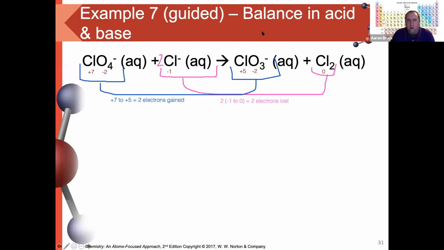So since this is the case, what I can also see now is that my electrons gained and my electrons lost are equal to each other. So I don't have to do anything more with coefficients here. The only thing I'm going to do is rewrite this equation just so it's a little bit easier for me to see all of the charges that are involved. So I'm going to put this in here.